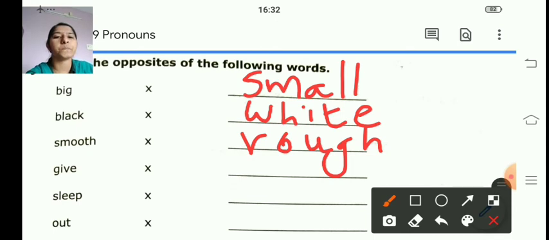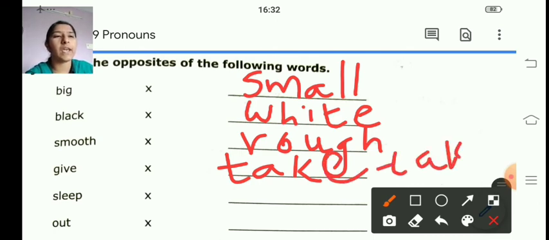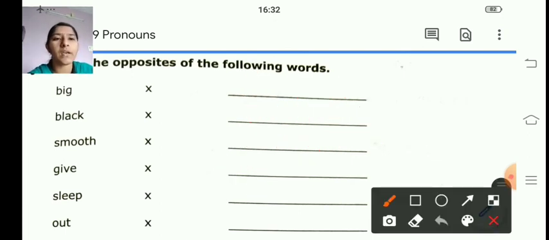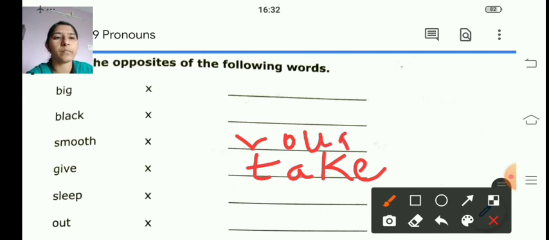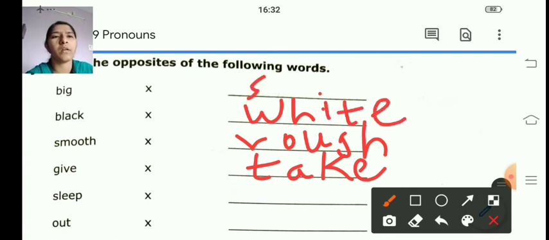Next one, give. You've given something, so you want to get it back. So it will be give, take. T-A-K-E. Okay, take. So it will be give, take. Smooth, rough. Black, white. Big, small, right?